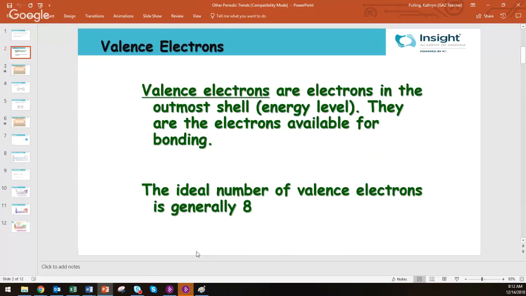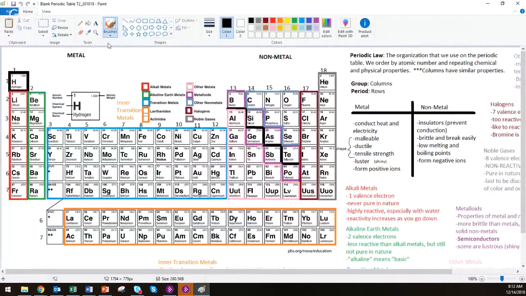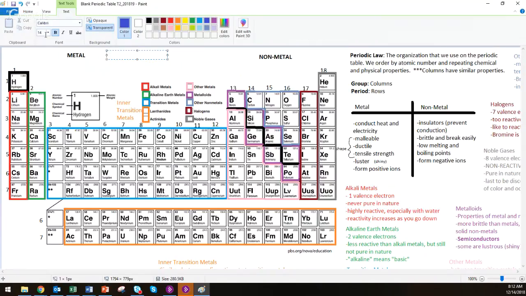So on our periodic table, all right, let's see, I'm going to go up to the top here. Let's do this in dark blue. I'm going to go a little bit smaller today just to make sure everything's going to fit. But group A. All right, so we're going to label these.